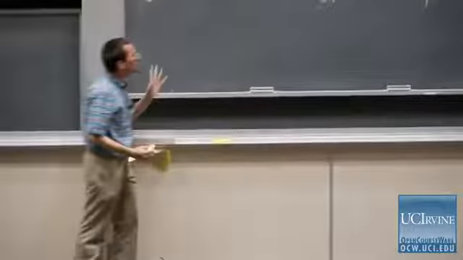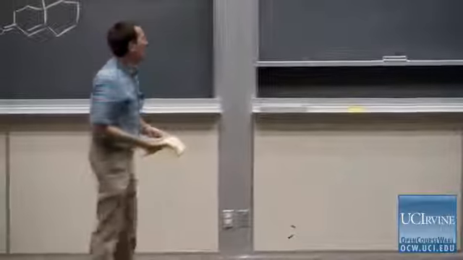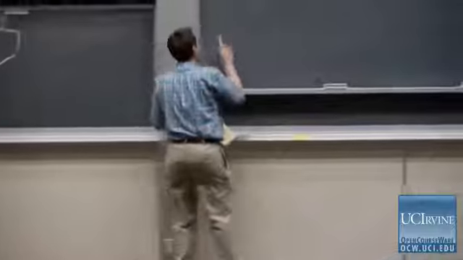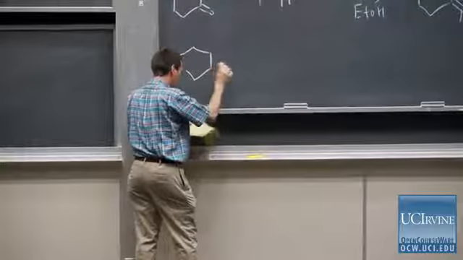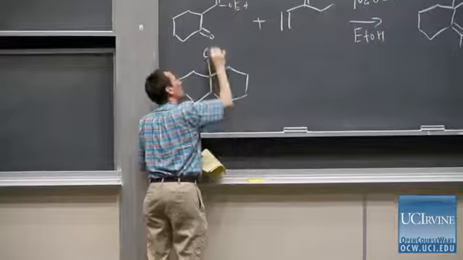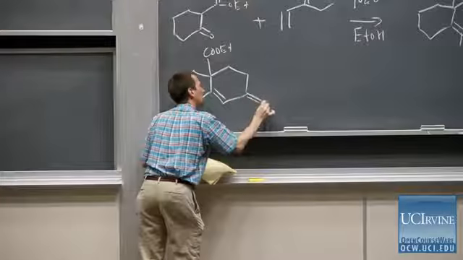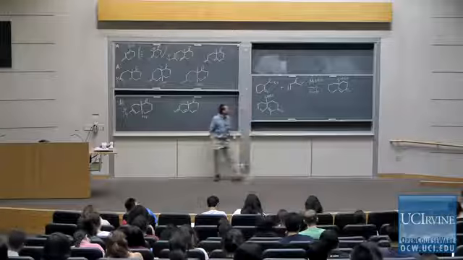I want us to learn how to see these reactions forward and backwards. So let me show you how Johnny and I and Kim probably look at this and take it apart retrosynthetically.